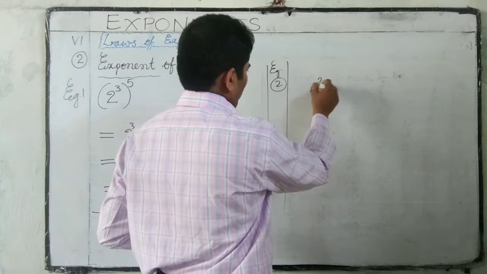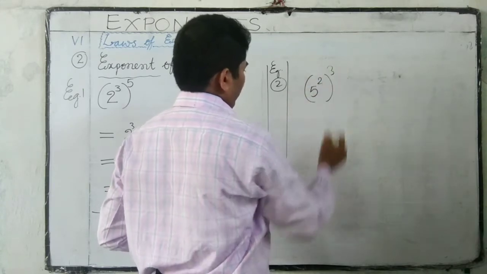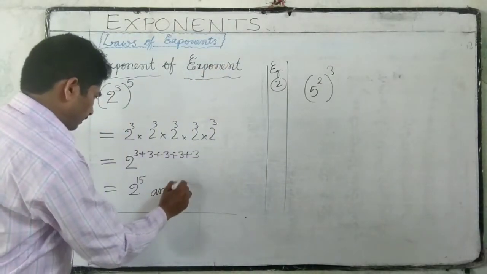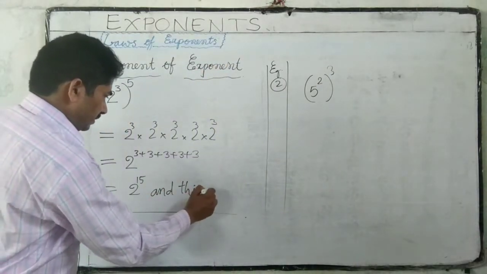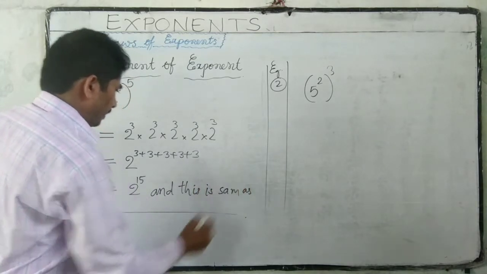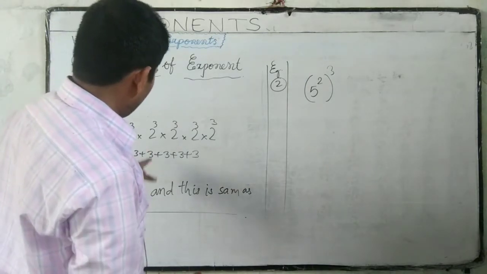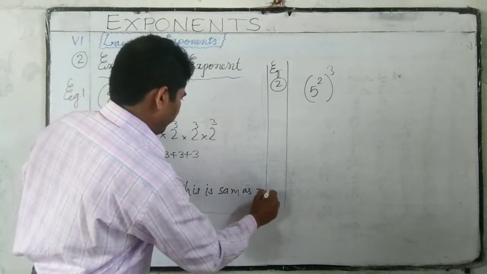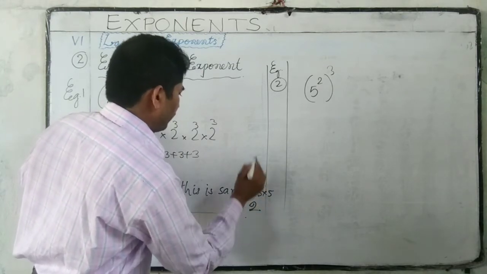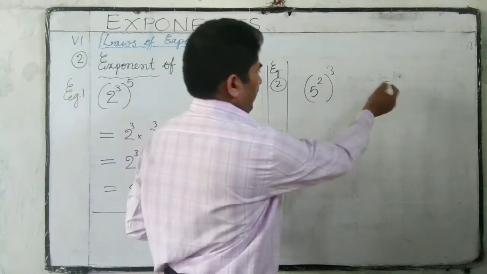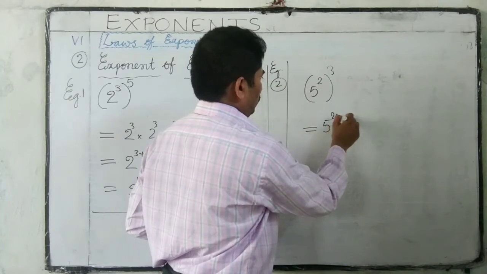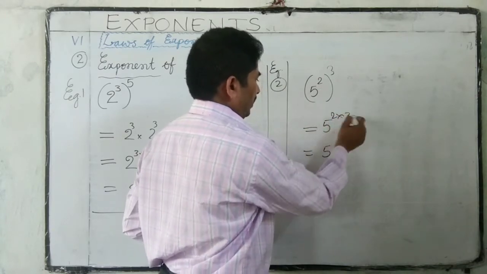5 to the power of 2 whole to the power of 3 is the same as 3 5-squareds, that is, 5 to the power of 2, 3 times, which is 5 to the power of 6.